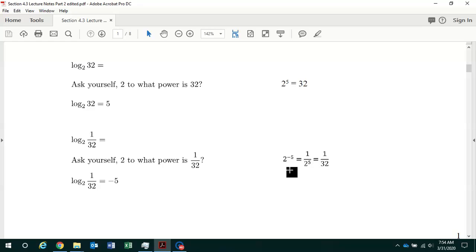So 2 to the minus 5 power is equal to 1/32. So what's log base 2 of 1/32 equal to? We're asking 2 raised to what power is equal to 1/32? Well, 2 to the minus 5th power is equal to 1/32. So log base 2 of 1/32 is equal to -5.